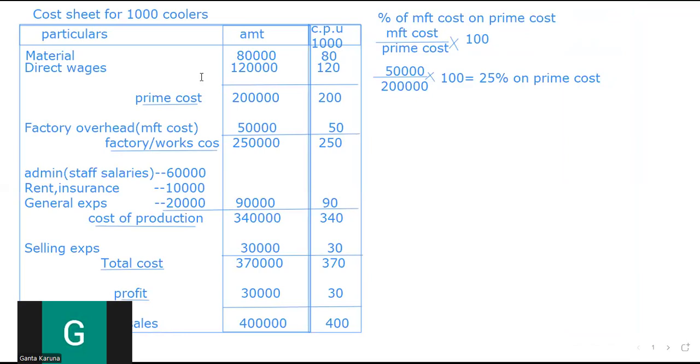Here the changes are for 1,000 units, whatever we got as cost per unit, the same I'm going to go with. So materials cost per unit, how much did we get? 80 rupees. So the same 80 I can consider for this one also, no? So that is the reason I'm going with this, but this time the units will change: 1,200 units multiplied by 80 per unit.